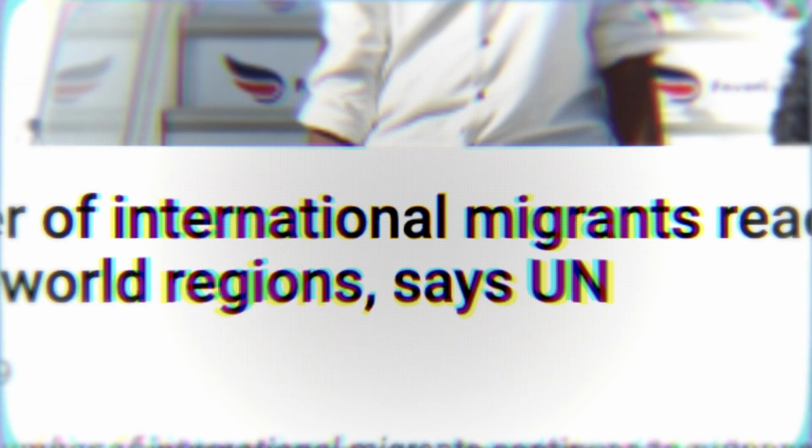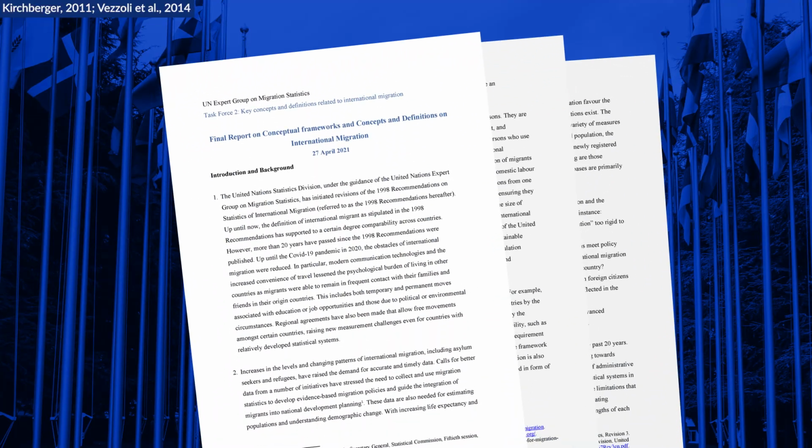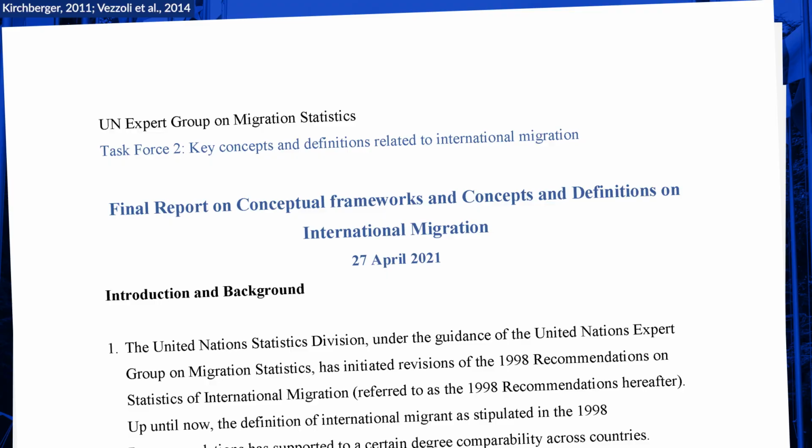One key challenge to measuring international migration is that definitions used tend to really vary across countries, organizations, and studies. To combat this and to improve global comparability of migration data and statistics, the UN expert group on migration statistics provided several recommendations for measuring international migration. What does that mean? Let's look at a statistical definition that was put together for this.